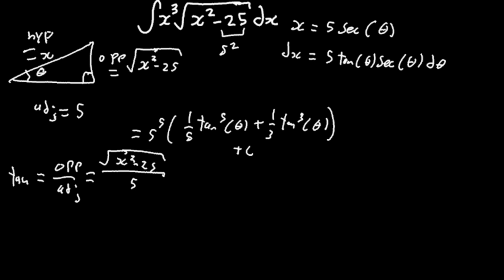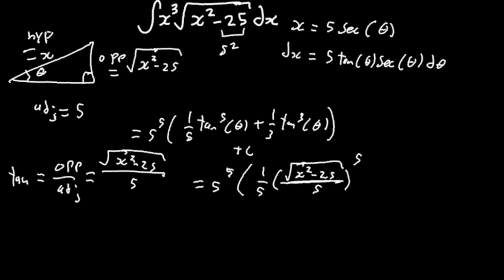So this becomes 5 to the fifth times 1/5. Then we plug this in: x squared minus 25 over 5, whole thing to the 5th power, plus 1/3 tangent cubed.